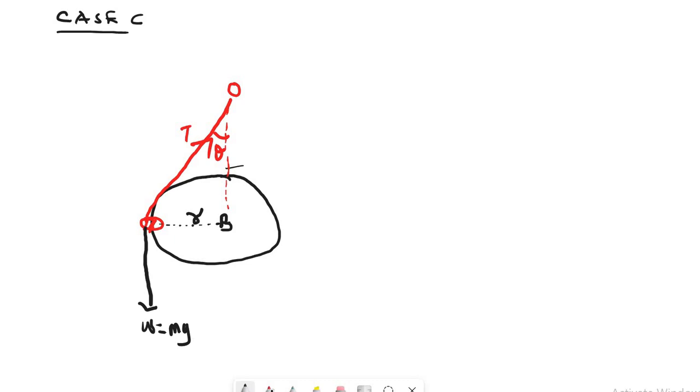In physics, when you are given a force at a particular angle, what do you normally do? We resolve. So this is the tension like this, and this is the angle. I need to resolve vertically and horizontally.